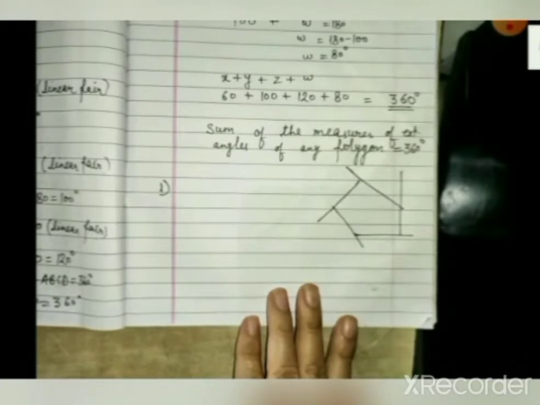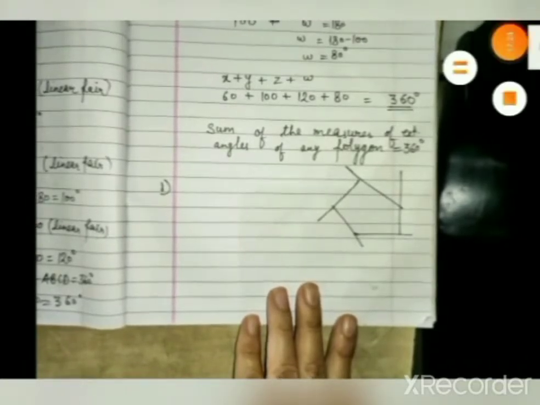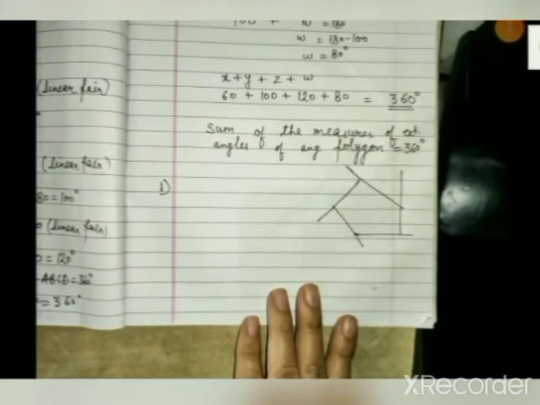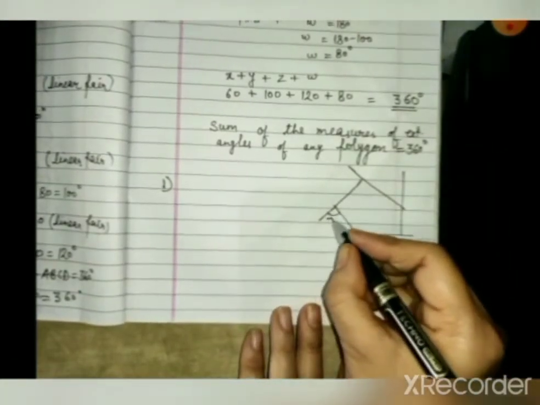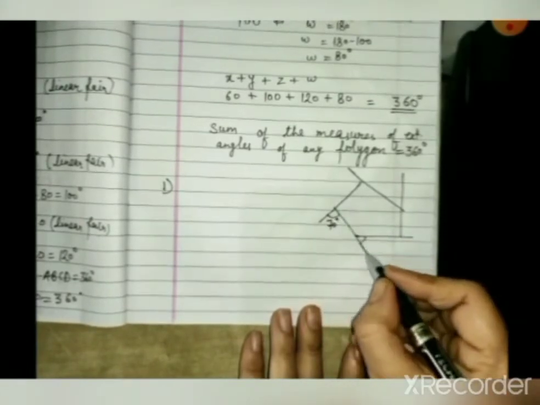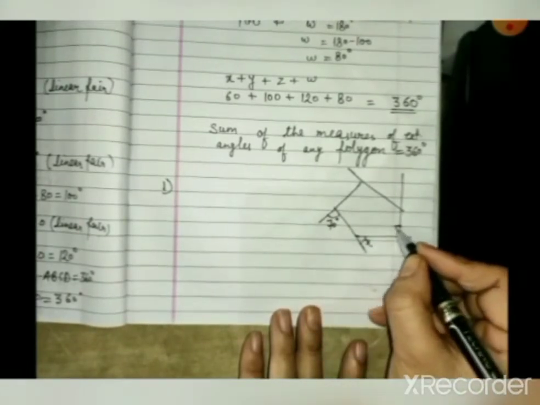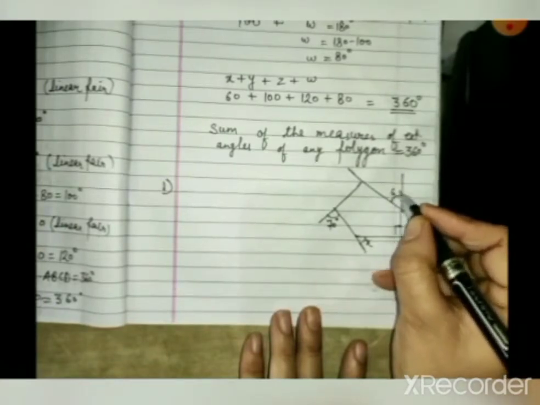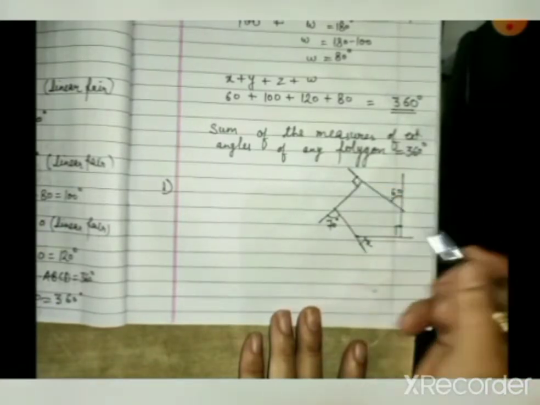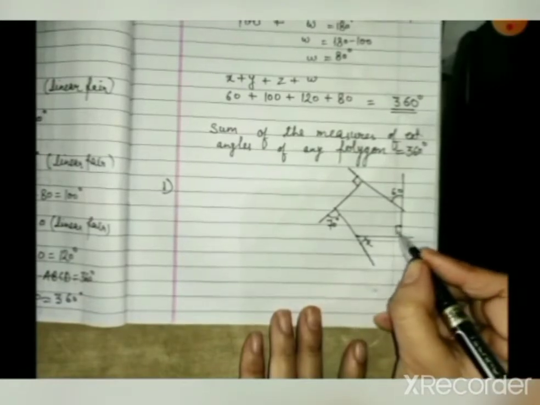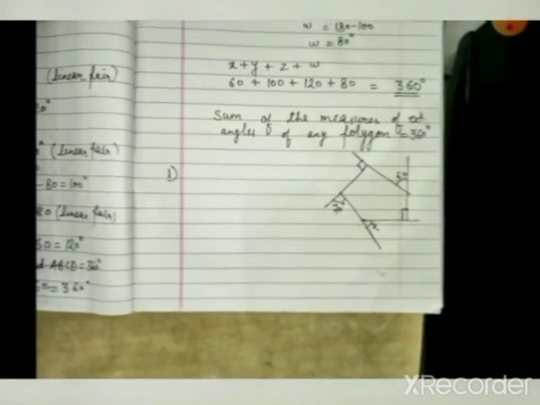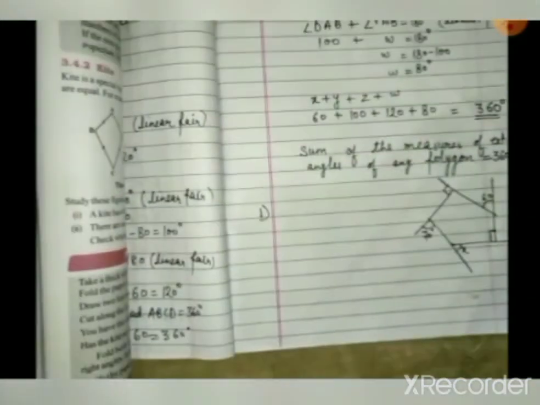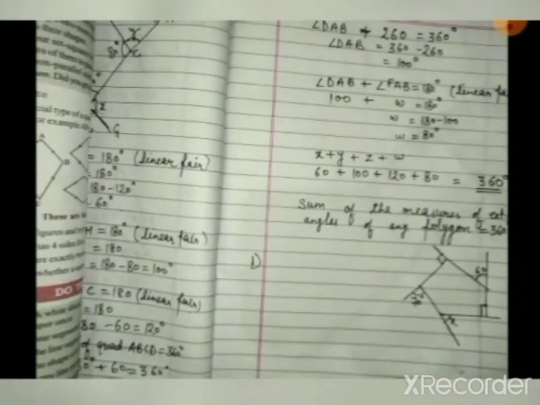Now, I am taking here, look at here, this is your 70 degree, this is your x, it is 90 degree, this is your 60, and it is also 90. Just now we read that the sum of exterior angles of any polygon is equal to 360.